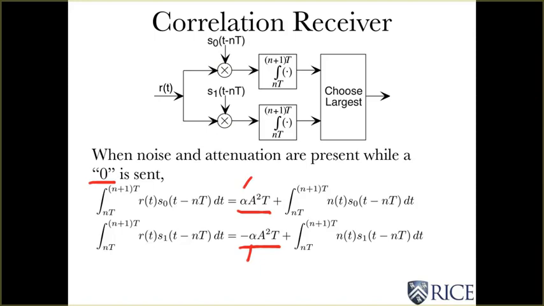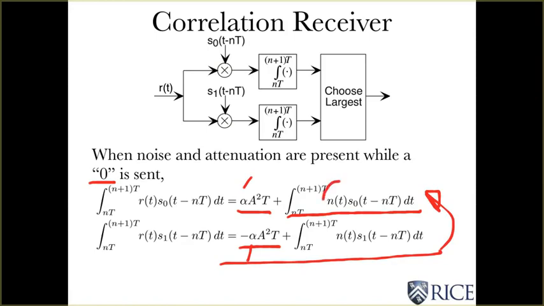What happens with the noise term is that these are random numbers. The bigger the channel noise is, the more random they're going to be, which means you could confuse them. That means this value could be bigger than the correct one, and an error will occur.